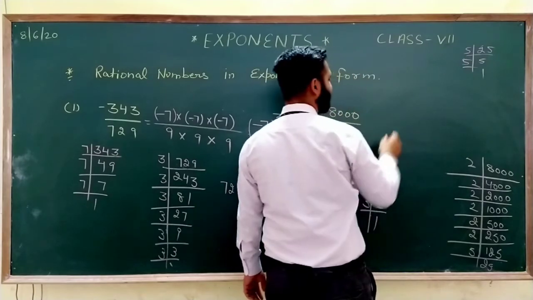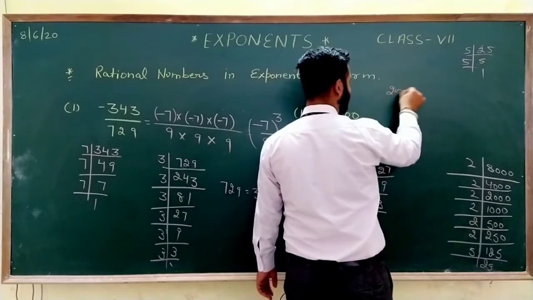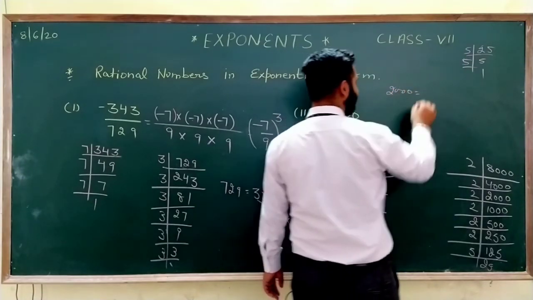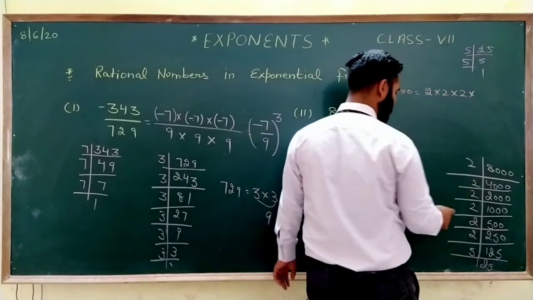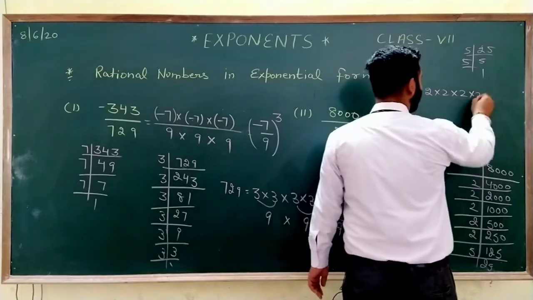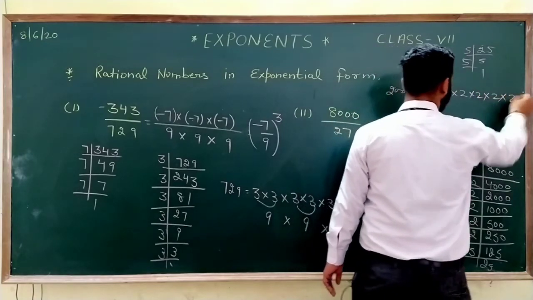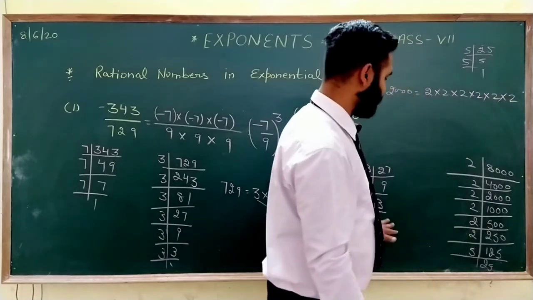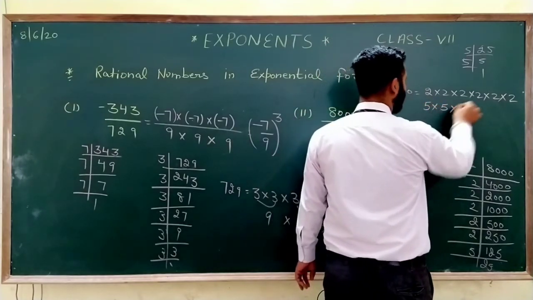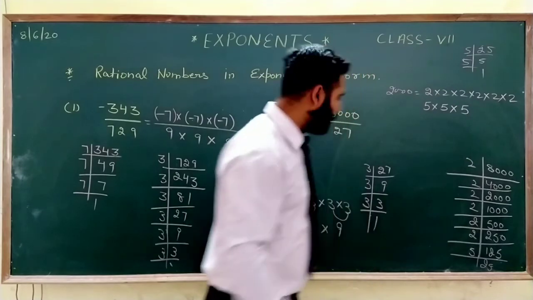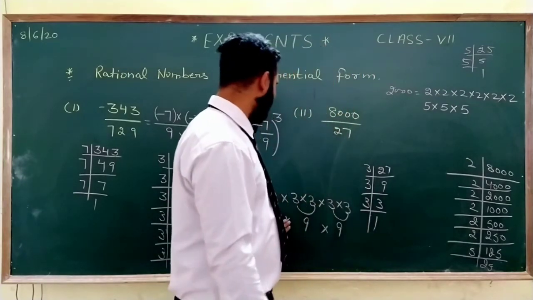So 8000 you can write as 2 multiplied by 2 multiplied by 2, 3, 4, 5, 6. 6 times you are having 2 and 3 times 5.